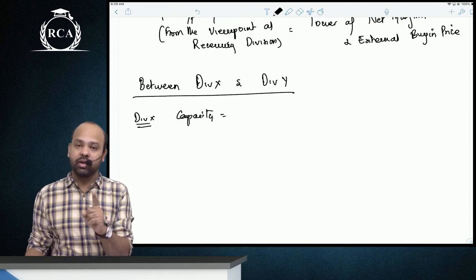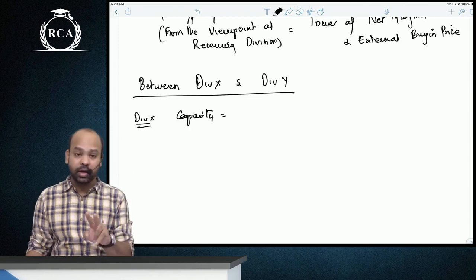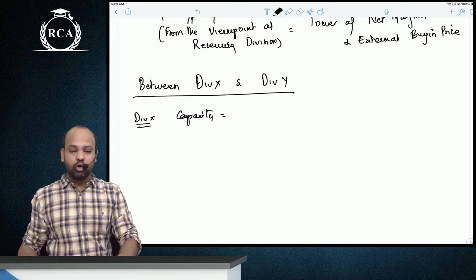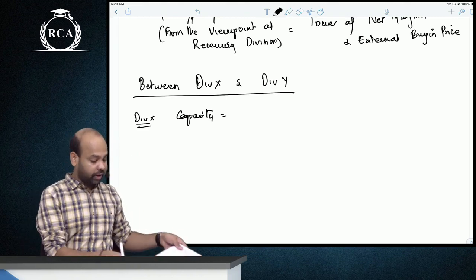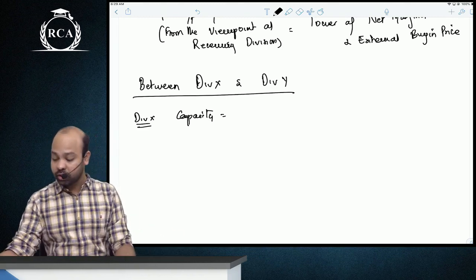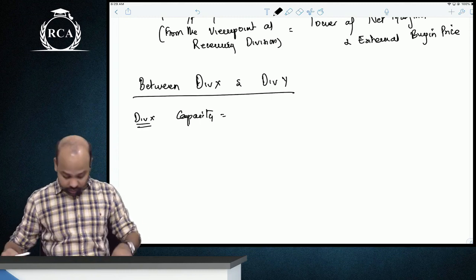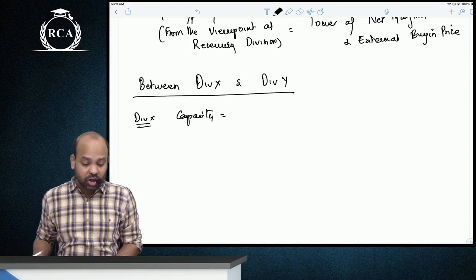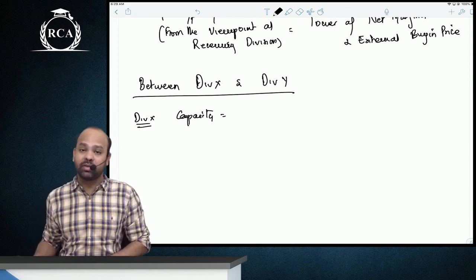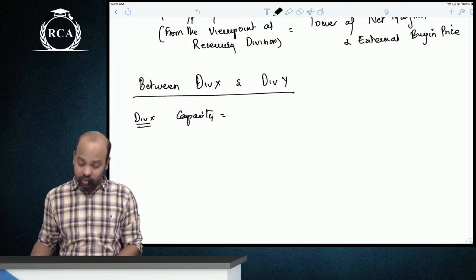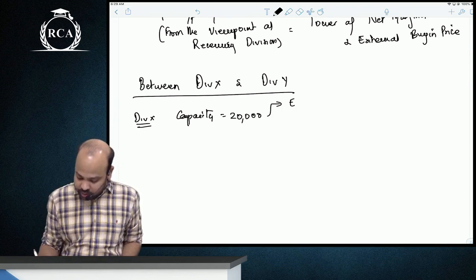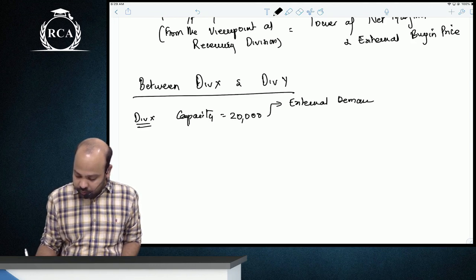The capacity of division X, as you can see from the question, is 20,000 units, out of which is the amount of external demand. I will keep it in front so that I do not have to twist my neck continuously. So the production capacity is 20,000 units, whereas the external demand is 14,000 units.